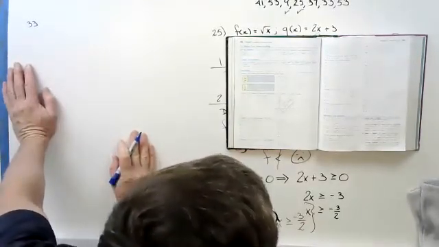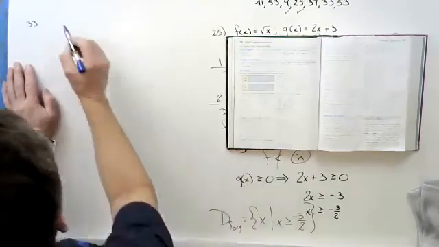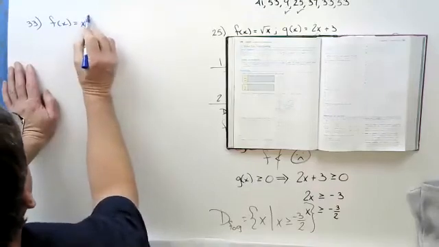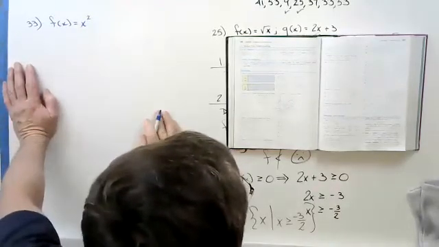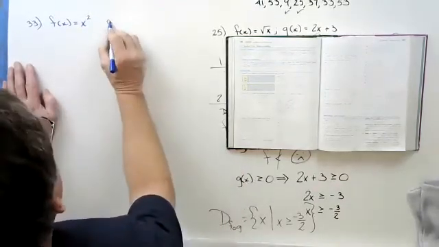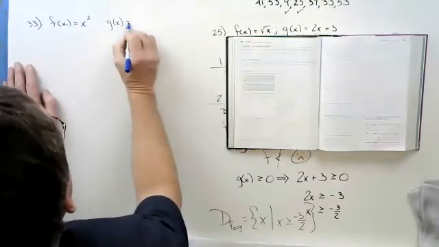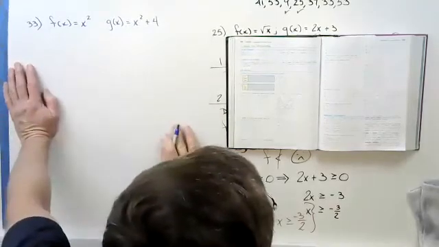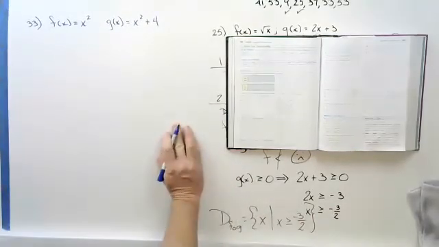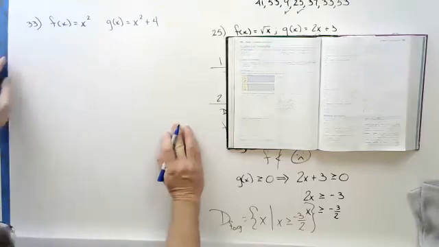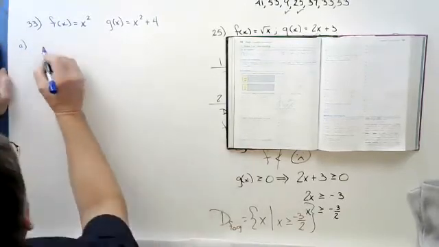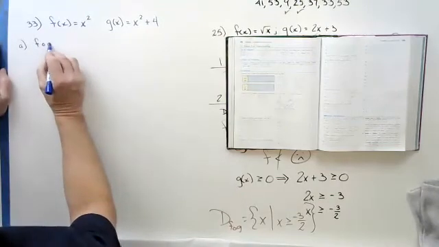So in problem 33, they give us two functions, of course. They give us f of x equals x squared, and g of x equals x squared plus 4. Those are our functions. So part A, if we were just going to do part A, is f composed with g.